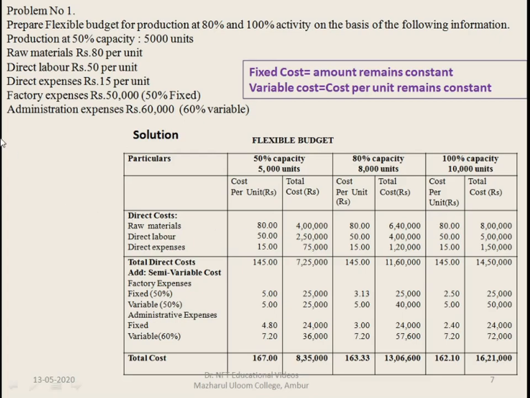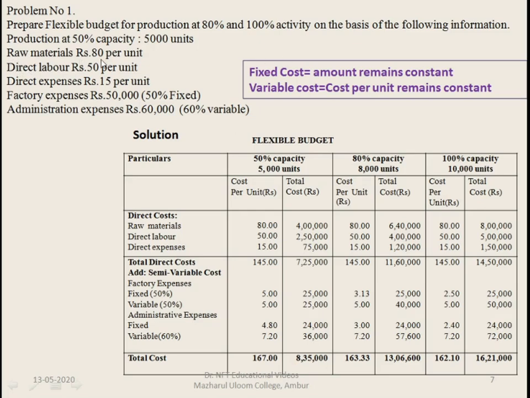Problem number 1. Prepare a flexible budget for production at 80% and 100% activities. So if you have 80% and 100% activity, we ask you to prepare on the basis of the following information. You are given 50% capacity. I told you, in case it is given in this way, this type of problem comes under the flexible budget. 50% capacity is given and you are asked to find out 80% and 100% activity capacity.